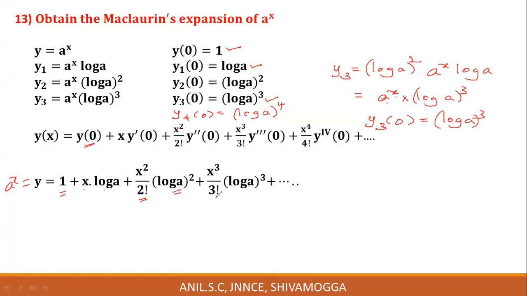Plus x cube divided by 3 factorial into y triple dash. Y triple dash is log A whole cube. Plus next term will be x power 4 divided by 4 factorial into fourth derivative, which is log A whole power 4. This is the Maclaurin's expansion up to 4th degree term.